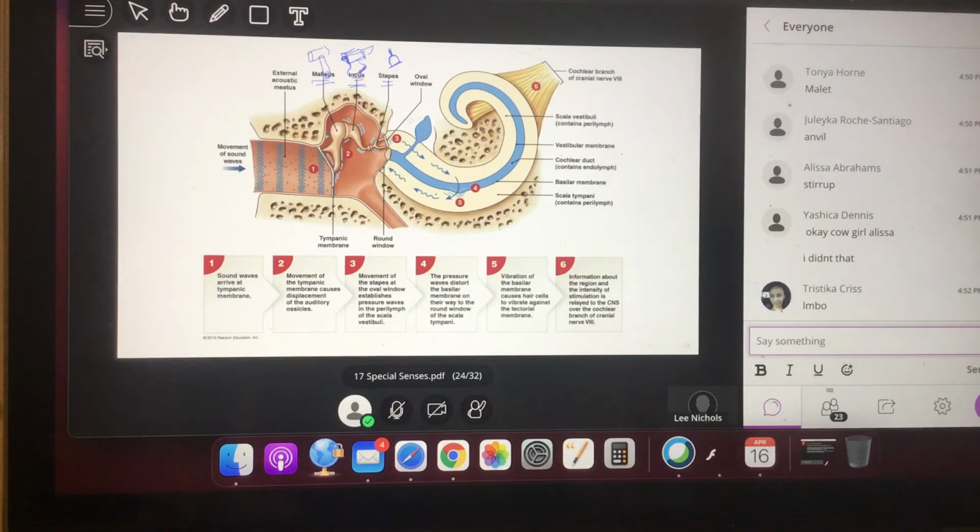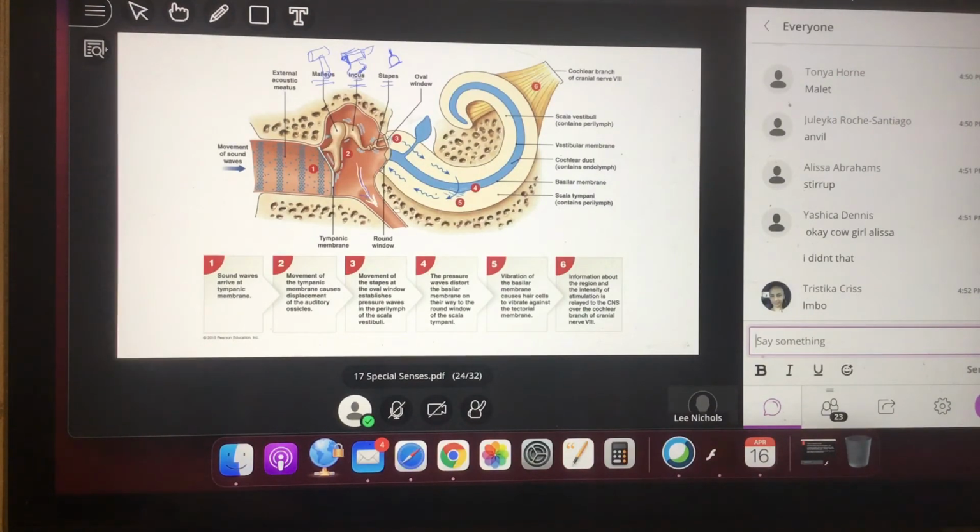But their basic job is to transmit that sound across the middle ear. A middle ear infection is called otitis media. They're very common in children because there's this tube right here that didn't show up too well. Let me make it a lot lighter. There's this tube right here that's referred to as the eustachian tube or the auditory tube, and it connects to the back of your nasal cavities.